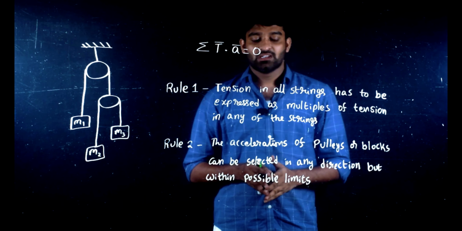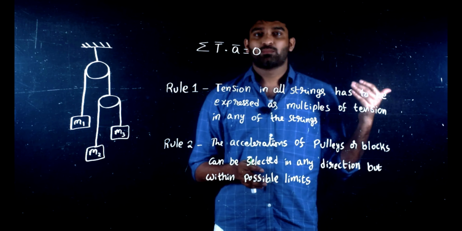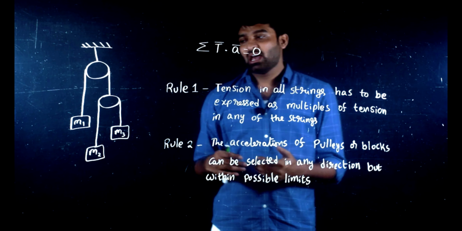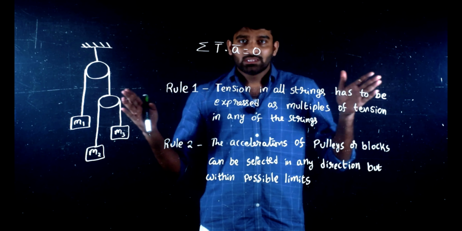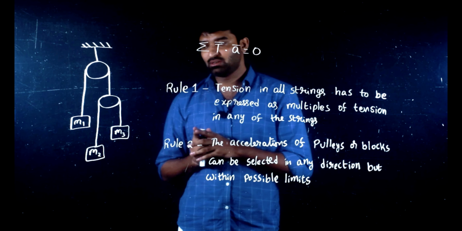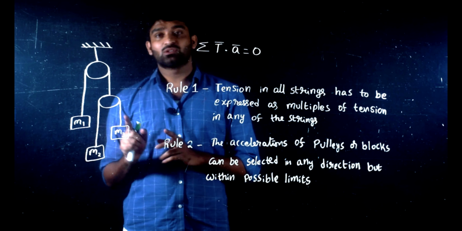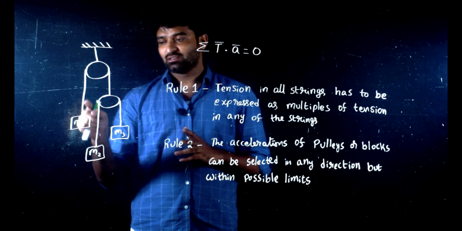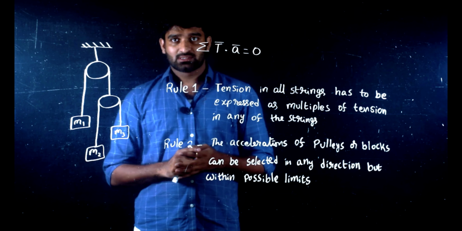Rule 2. The accelerations of the pulleys or blocks can be chosen in any direction but within possible limits. That's very important. For example, take block M1. It has only two forces acting on it: tension in the string and the weight force M1G.